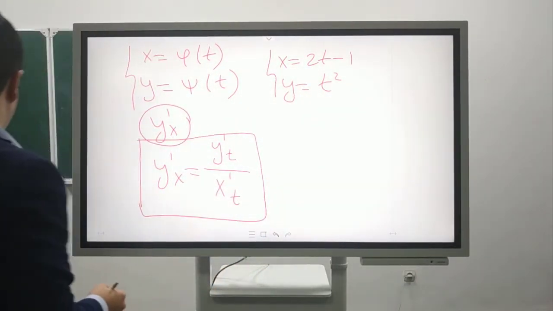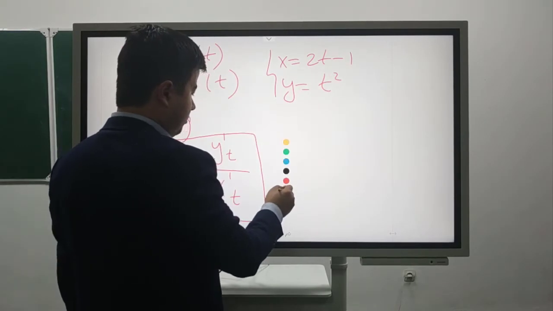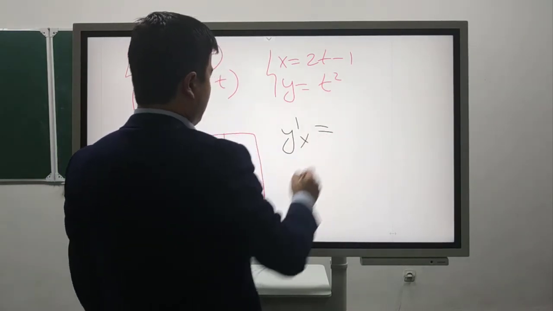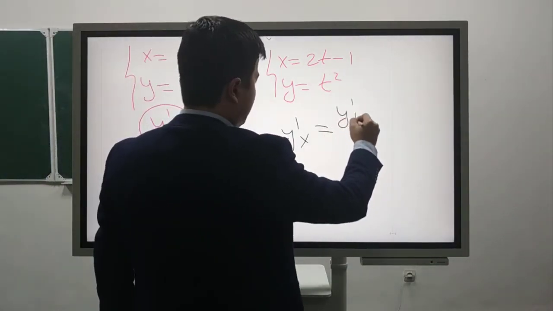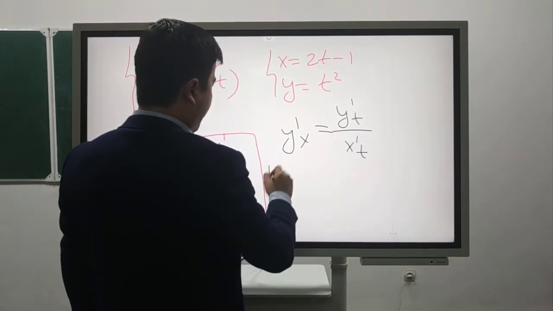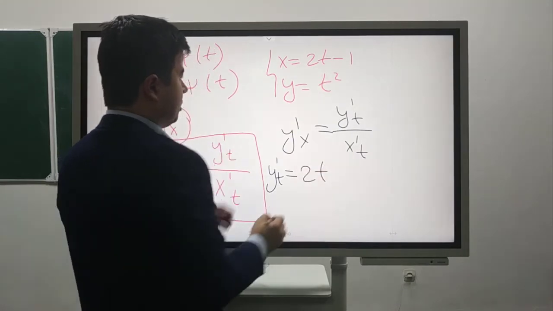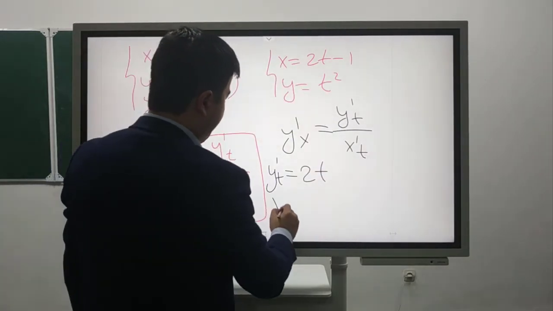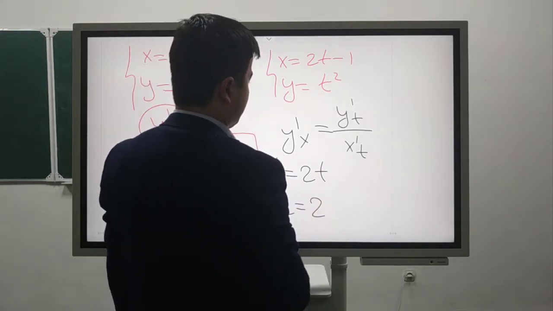So we need to find the derivative of y depending on x. So here it is y prime t over x prime t. So y prime t, it is 2t. And x prime t, it is just 2.